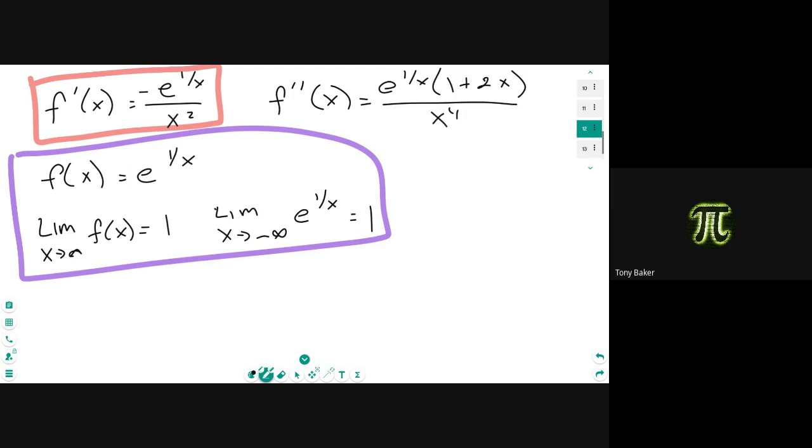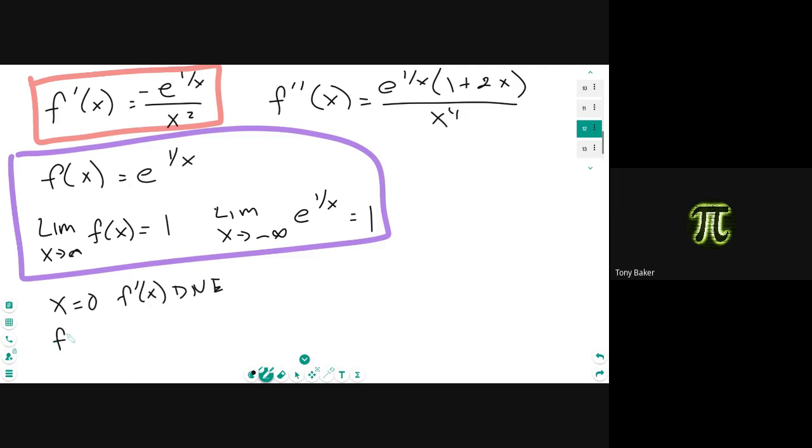Can the top ever be 0? No, because e is never going to go to 0, right? So the top will never be 0, so it can never equal 0. When does the bottom equal 0? At 0, right? And so it doesn't exist, but that's still a critical number. So at x equals 0, f prime of x does not exist.